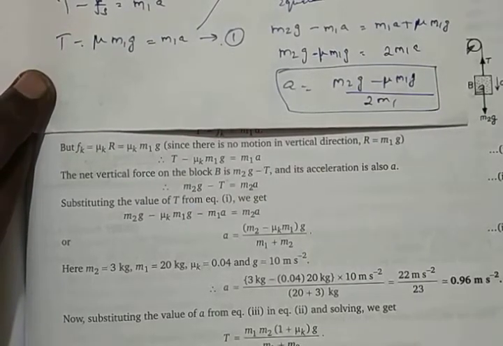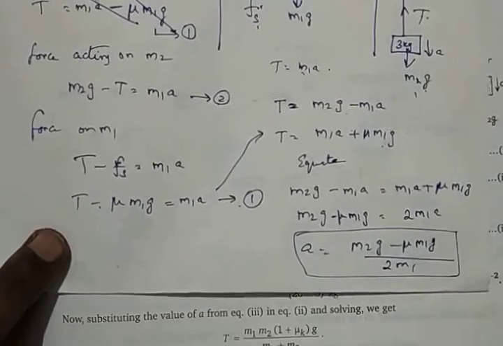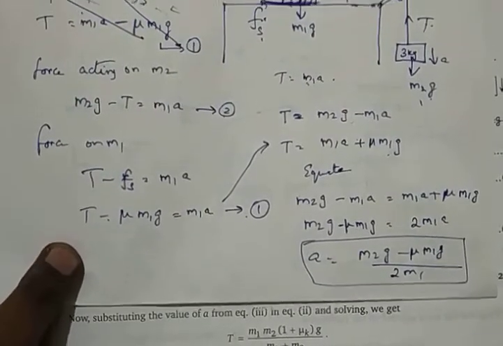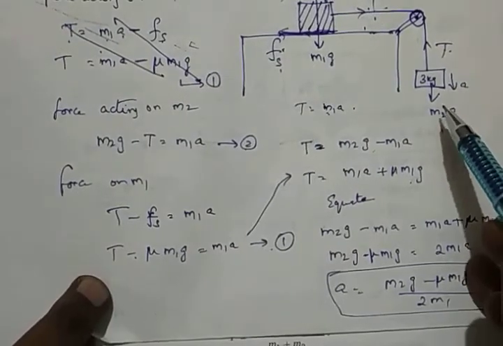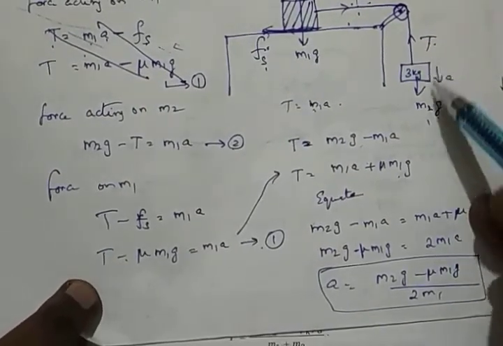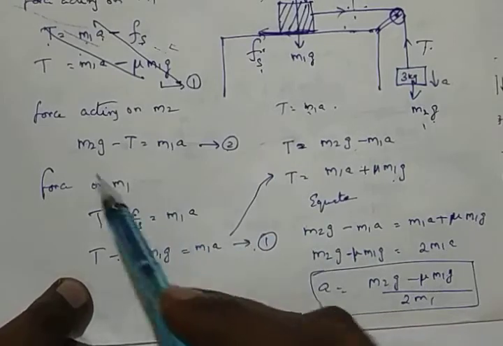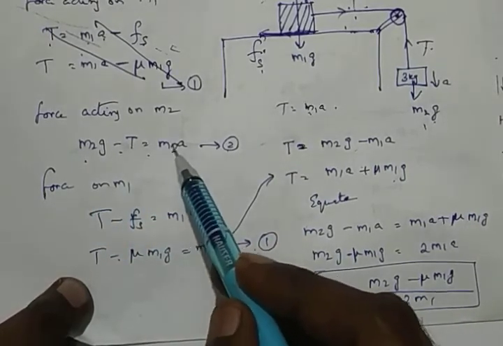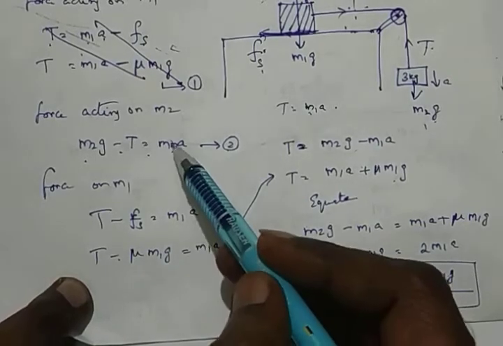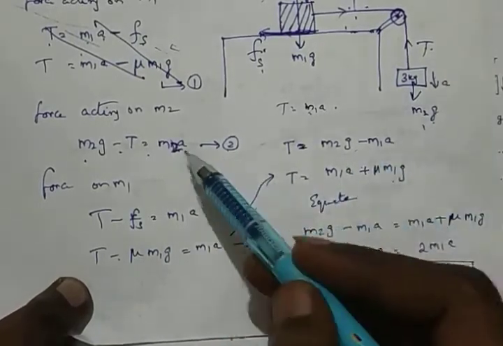Some mistake is there somewhere. We did not get the right answer here. Yes, this is the biggest mistake here. When this body is going down, m2g minus tension is equal to m2 into a, because this is the equation here.